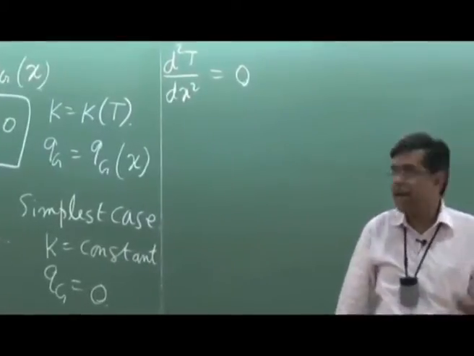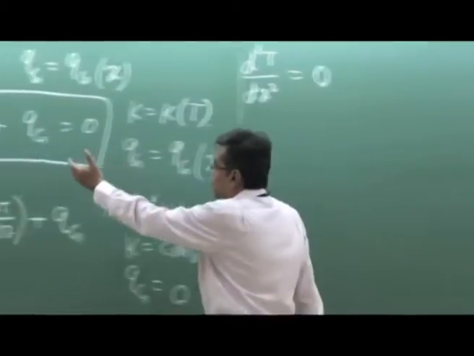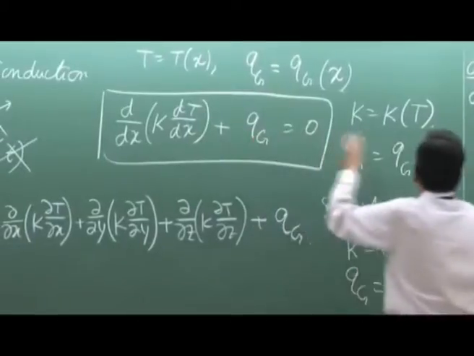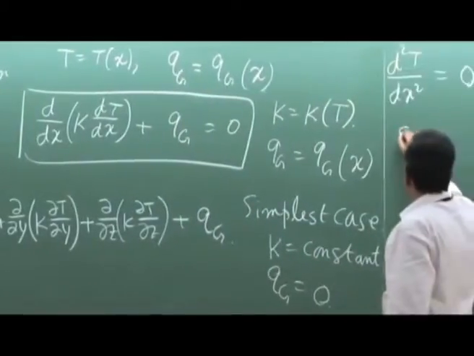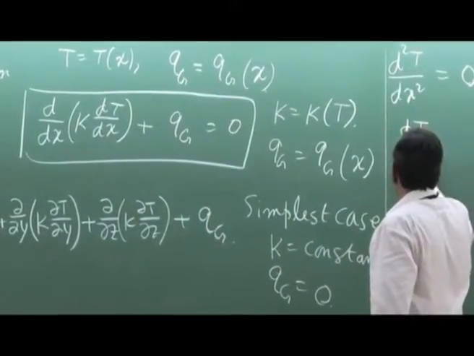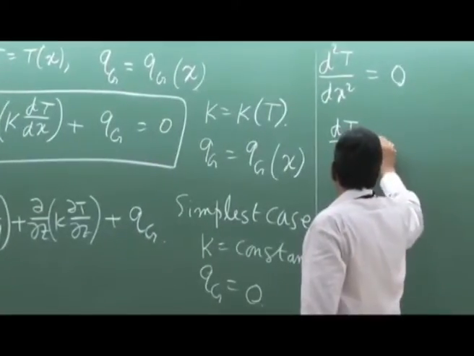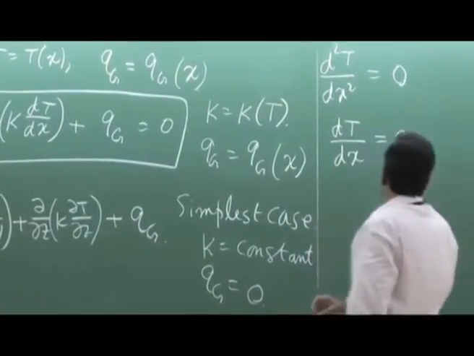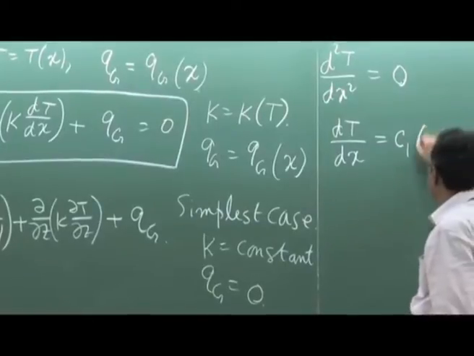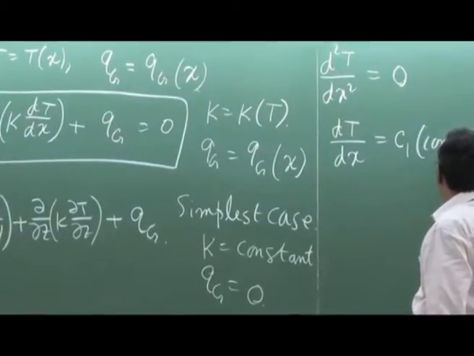This gives, because k comes out of this derivative d/dx and q_g is 0, which means that the temperature gradient dT/dx is constant. Let us denote it by C1, constant.